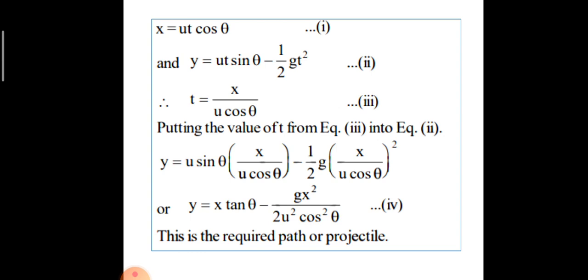Substituting the value of t in the equation for y, we get y is equivalent to u sin theta into x by u cos theta minus half g into x by u cos theta whole square, or y is equivalent to x tan theta minus g x square divided by 2u square cos square theta. This is the required path of the projectile.